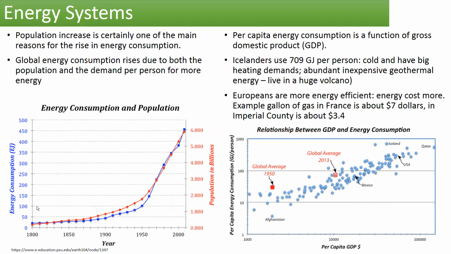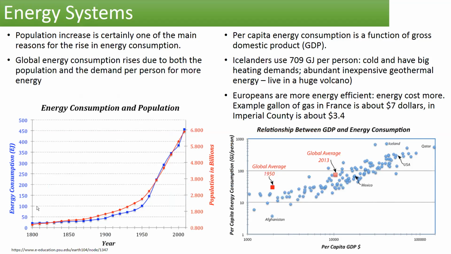So we can have a better perspective, like Icelanders use about 700 gigajoules per person. So why do those guys use a lot of energy? One thing is that they live under conditions where they use a lot of heat, because their winters are pretty long. So they have to use a lot of energy to heat up their households, basically, okay? That makes sense. But a graph may explain a lot of things, and you have to understand what is behind that graph.